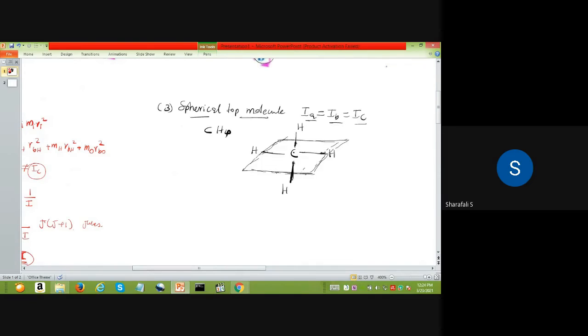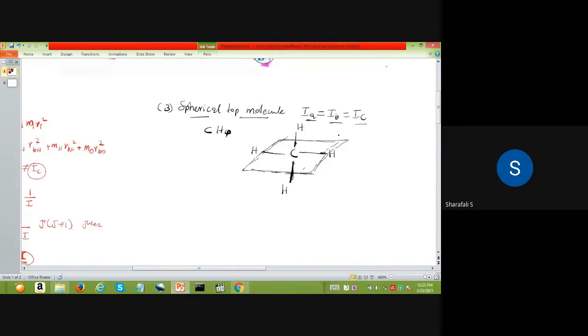Now, if you take any of those moments of inertia, because all of these are symmetrically displaced, the moment of inertia IA equals IB equals IC.